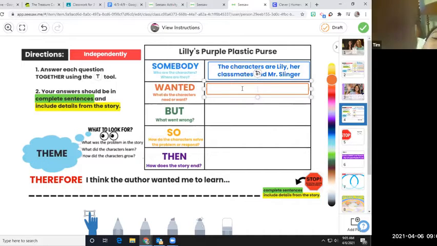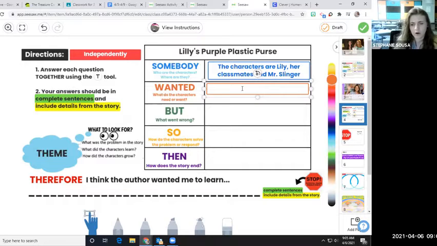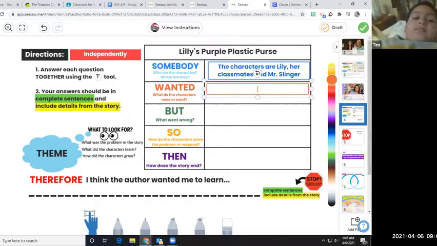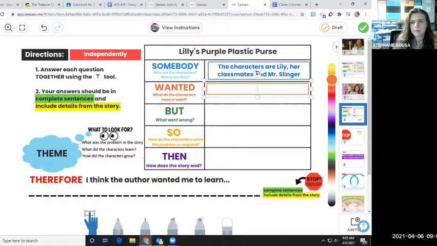You're going to get to Lily's Purple Plastic Purse because I had a funeral yesterday. Oh, okay. I'm sorry that you had that in your life, kiddo. That's stressful. When you get time and you feel like you can focus, go ahead and review on that, okay? And then right now you can join us. Right now you can catch up with us, okay?